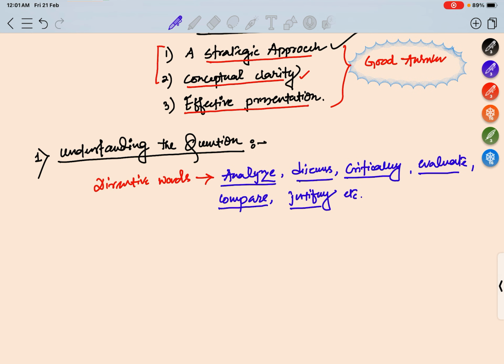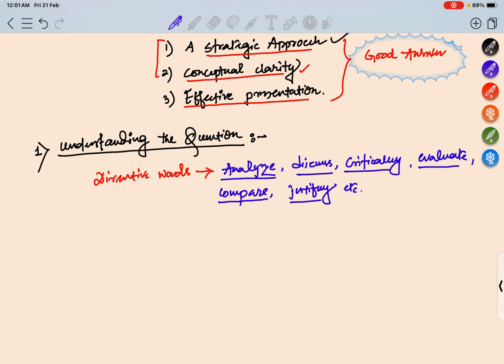Each and every word has a different meaning. Each of these words demands something different. So you have to understand each of them in detail. Like what is the meaning of analyze? If they are asking to analyze, then what are the parameters you should focus upon?